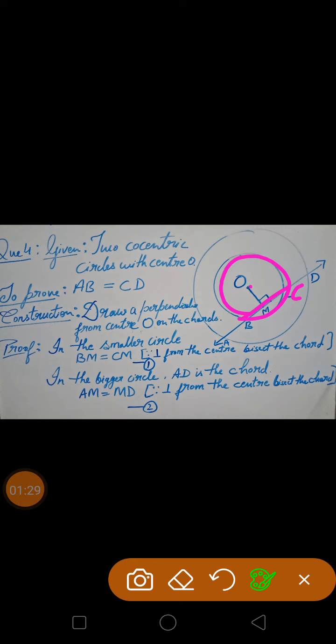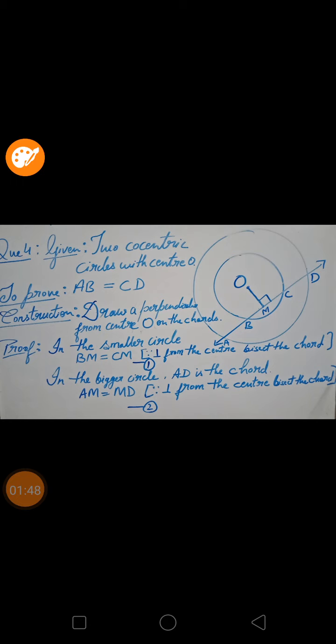From O one perpendicular OM is drawn on BC, and we know that a perpendicular drawn from the center bisects the chord, means we can say that BM is equal to CM.